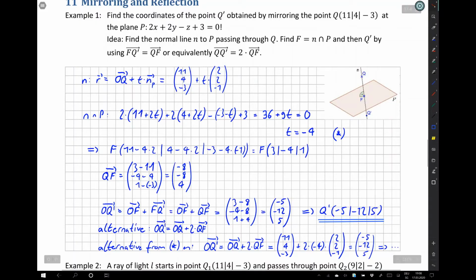So all that we have to do is take 2 times -4 times this normal vector. Insert that into the equation of the line, and we get the position vector of Q'. If this idea is clear to you, you can use it, and otherwise just use what we did before, find the coordinates of F, and by that find then the coordinates of Q'.